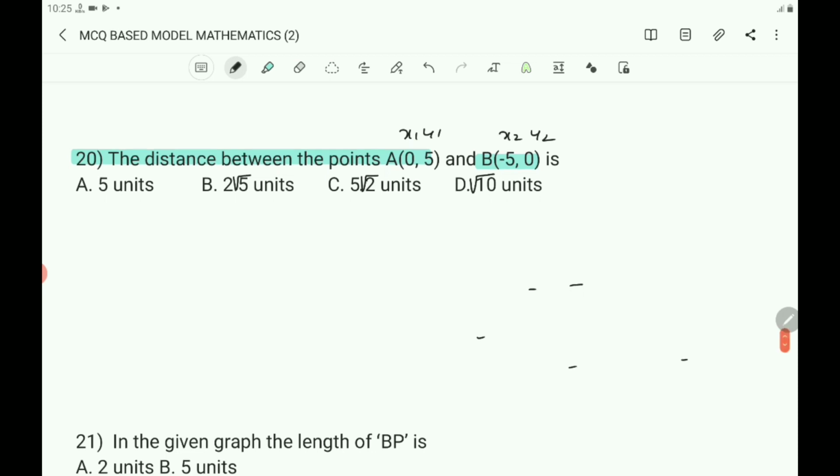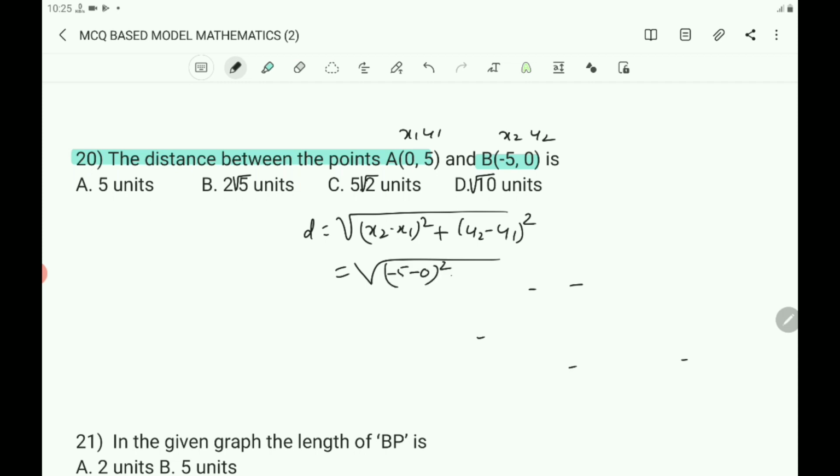So you know that the distance formula is D equals square root of (x2 minus x1) whole square plus (y2 minus y1) whole square. Here x2 is minus 5, x1 is 0. Similarly y2 is 0, y1 is 5. So 0 minus 5 whole square, and minus 5 whole square is 25. Again it is 25. So you got root 50.